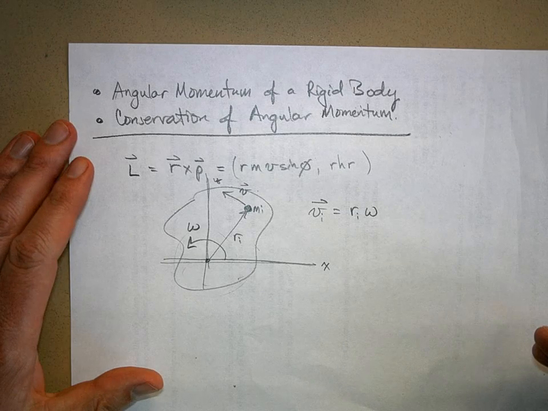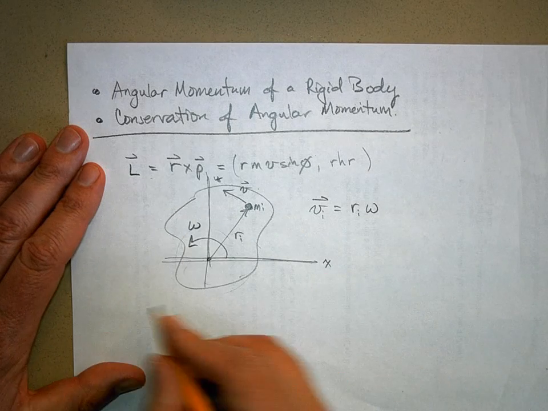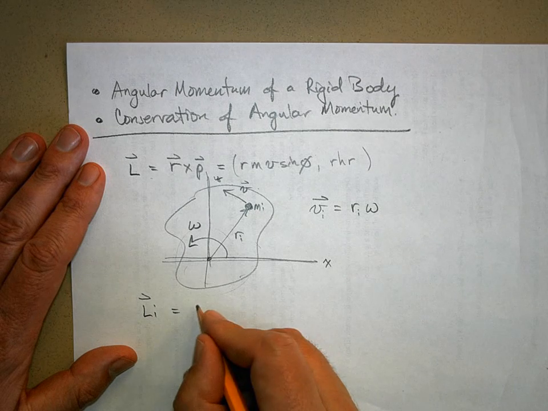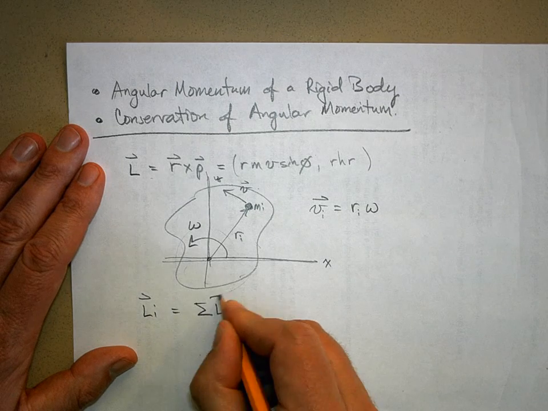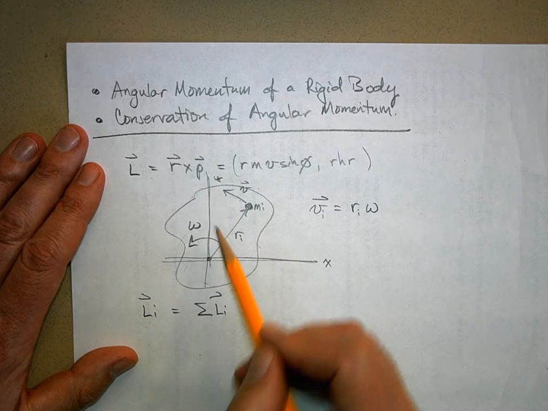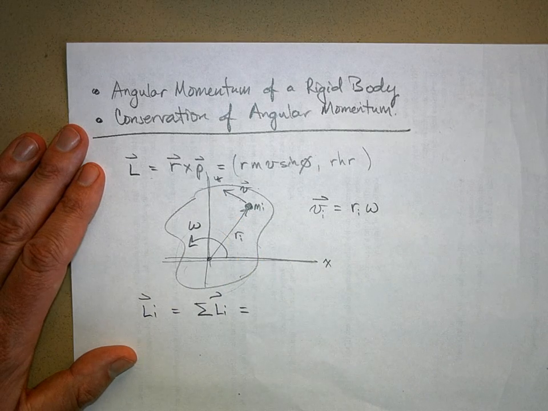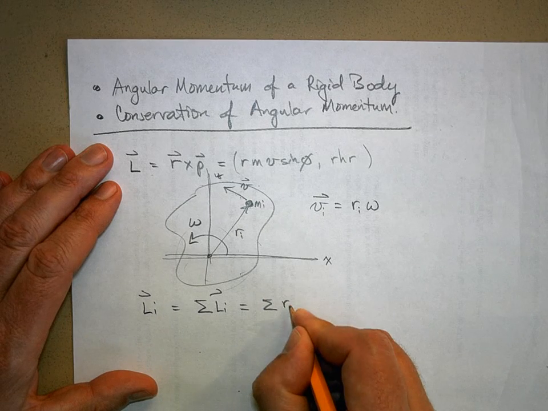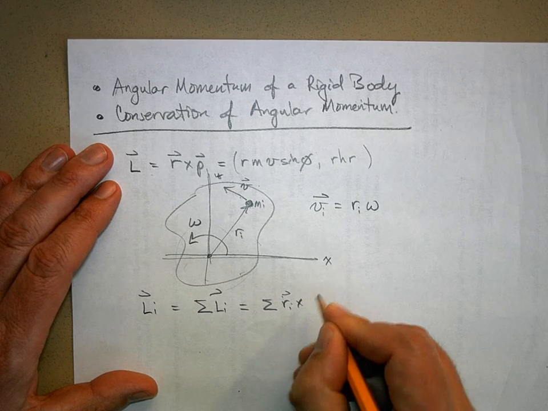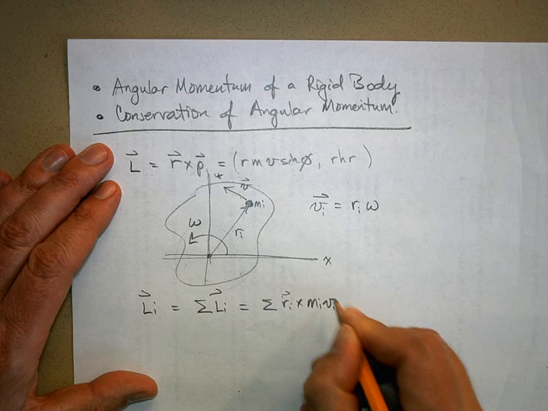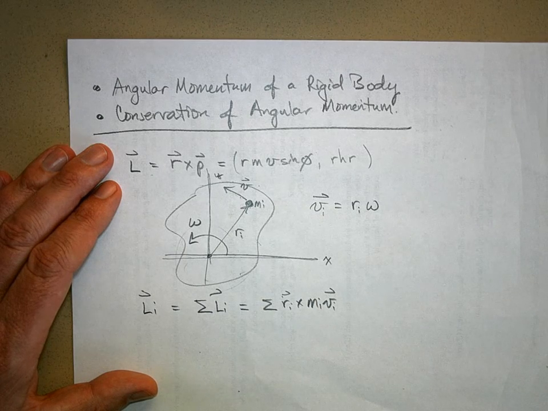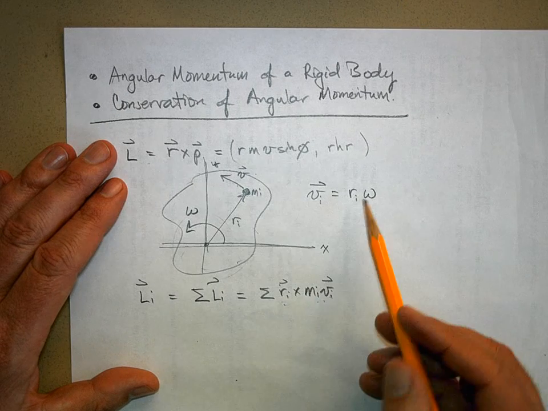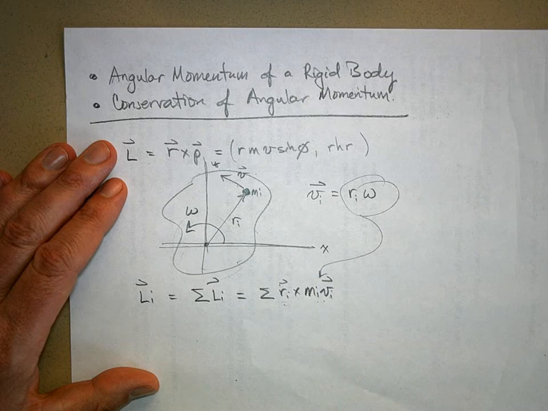So what I can do, if I'm looking at L equals the summation of all my little individual angular momenta, the momentum of each little particle, well, that's going to be r_i cross m_i v_i. But what is v_i? I'm going to substitute that in there.